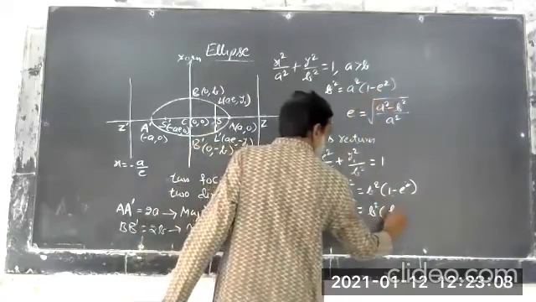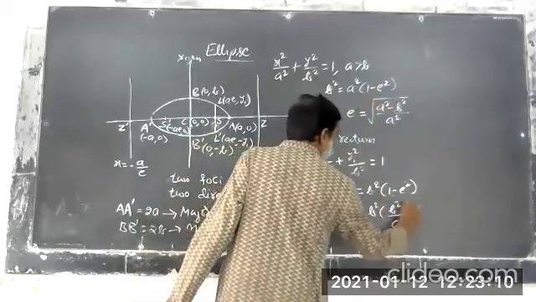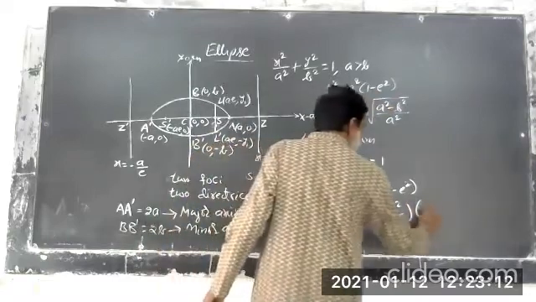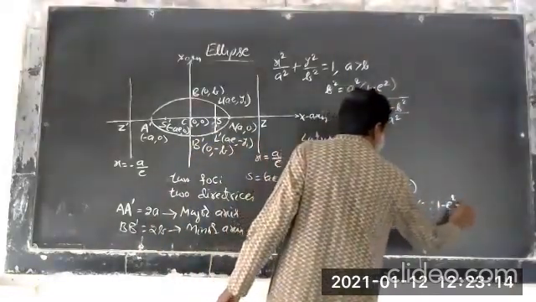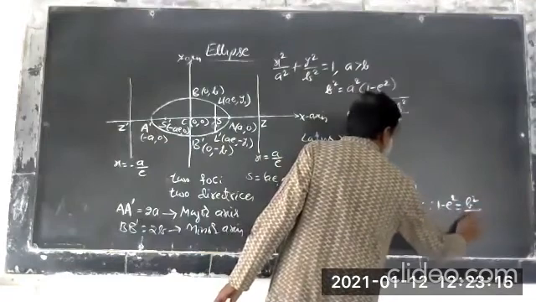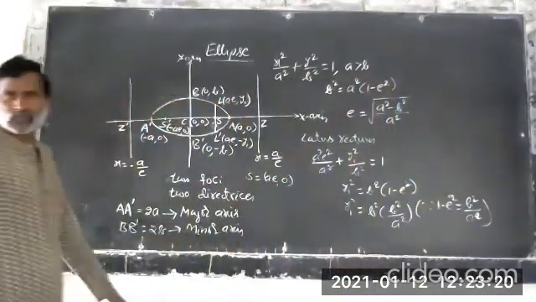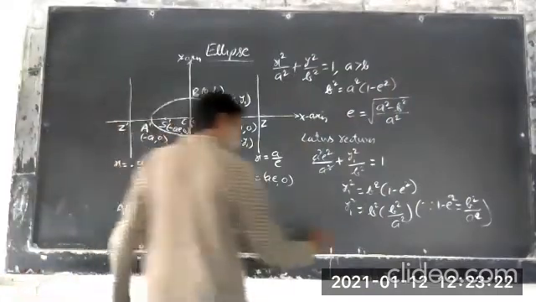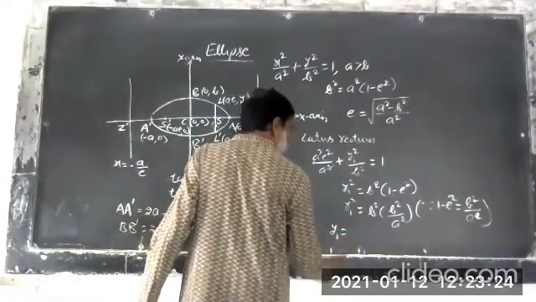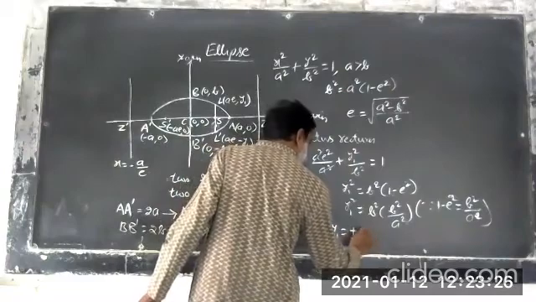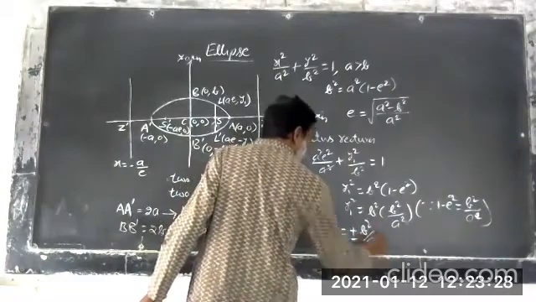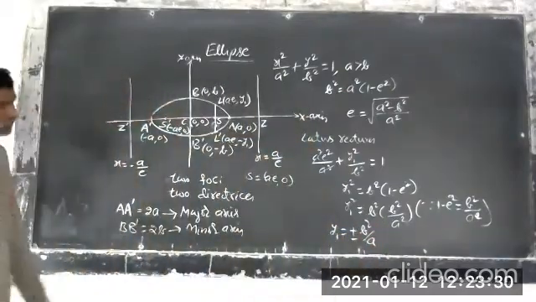Since 1 minus e square is equal to b square upon a square, y1 will be plus or minus b square upon a, if you take the square root.